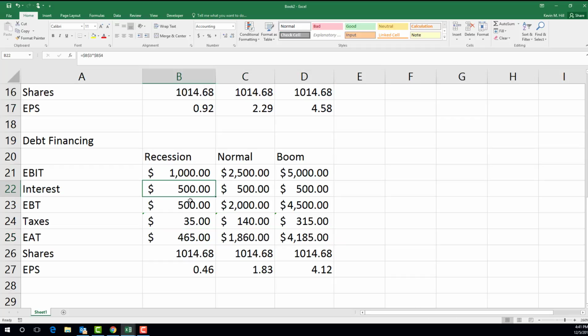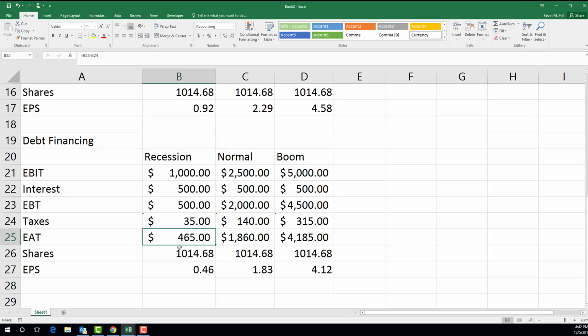Okay. So our earnings before taxes are going to be 500. And as you can see, if you look over at the debt financing in the book, all these numbers work. So we don't have to redo any of these cells because the way we had it set up the first time, all those formulas still hold true.